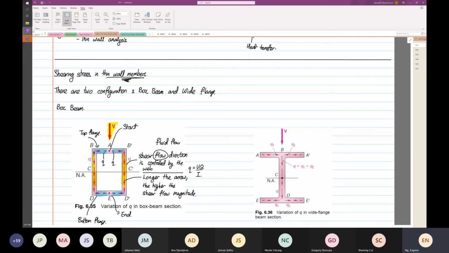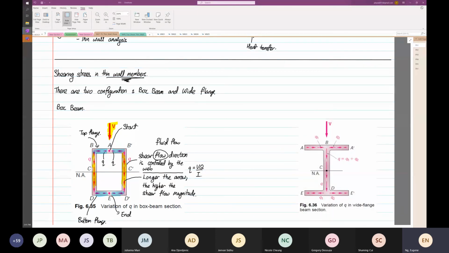Now what is the difference between thin wall and thick wall? There are some similarities, but there are differences also. I repeat again, there are some similarities and some differences. So what are they? Let's look at the difference first.